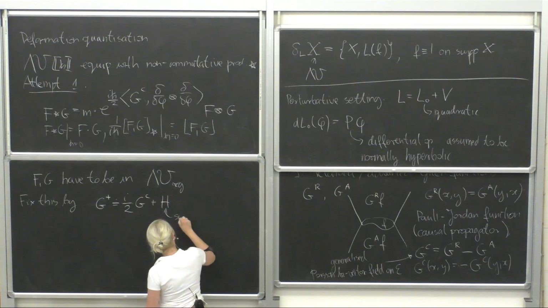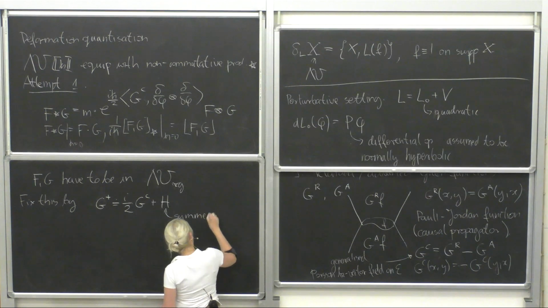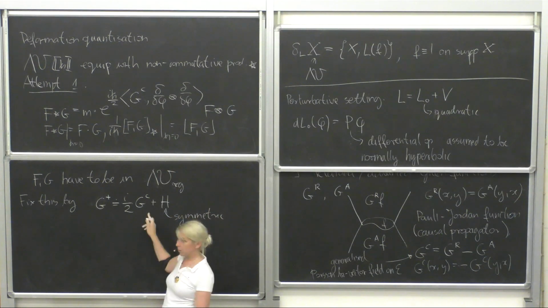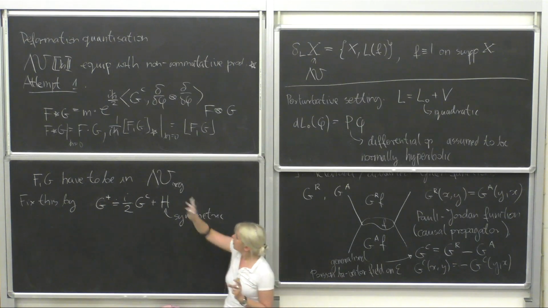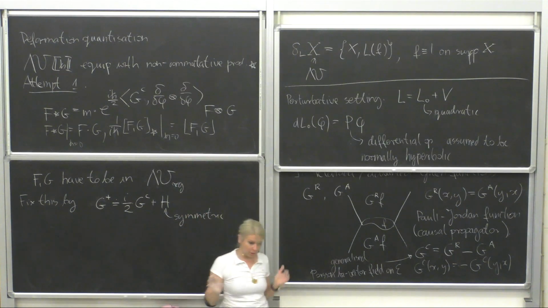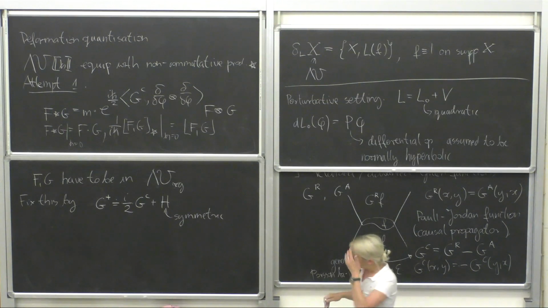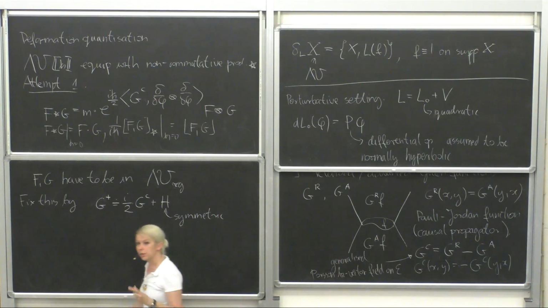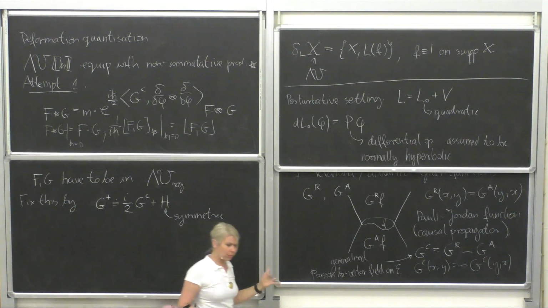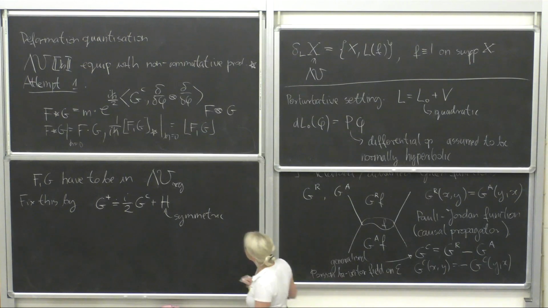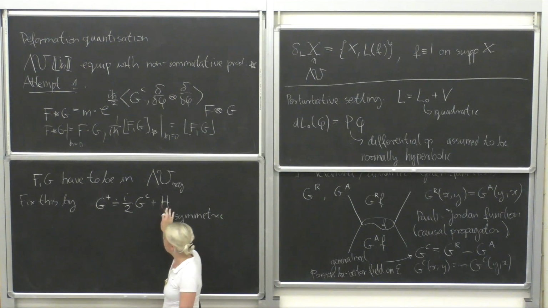So this is symmetric, and this, you remember, is purely anti-symmetric. Adding a symmetric part doesn't ruin the commutator, so we keep everything. And also, obviously, it doesn't ruin the zeroth order property. So we kept those two properties, but now we have a bit more freedom. And it turns out that, in fact, this is very, very useful.